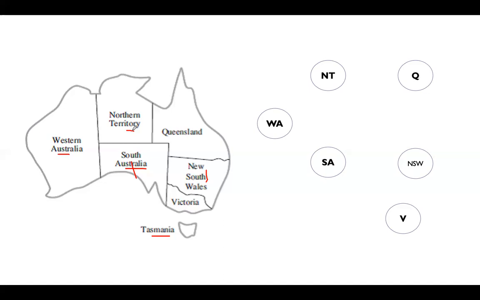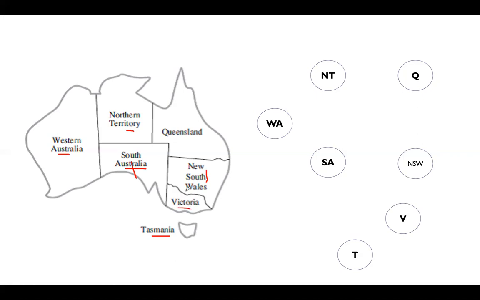Next thing is, you have to link those vertices using the edges. Okay, Tasmania. See, 7 vertices are there because 7 regions are there. Victoria is also there.